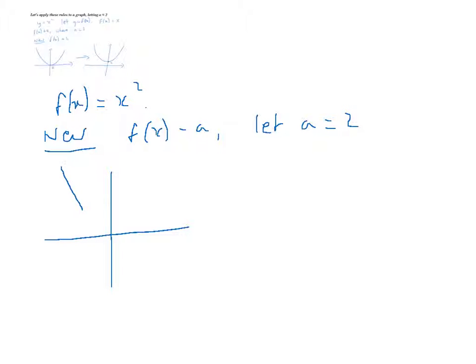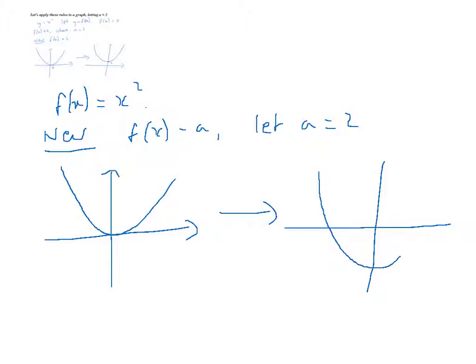Have the original graph like this. And in our transformation, the whole thing is moved down by vector 0, minus 2. So this is actually now at minus 2. You see? Let's keep going. So that's that one.